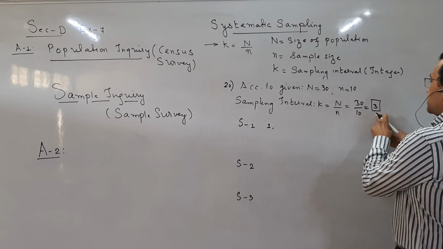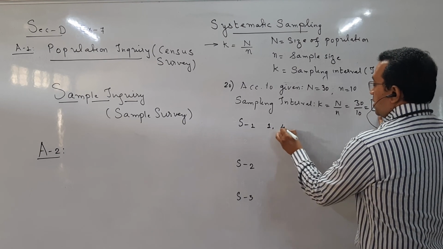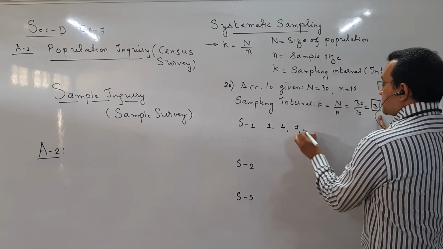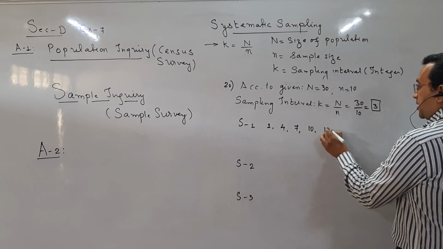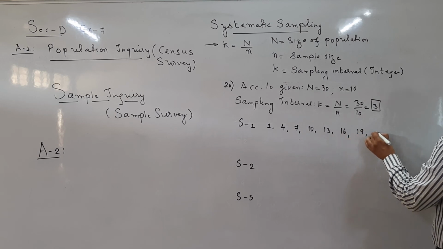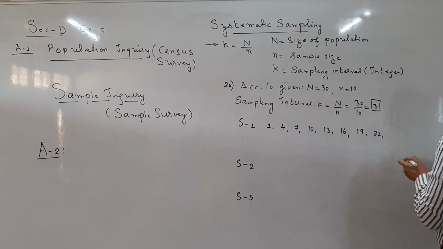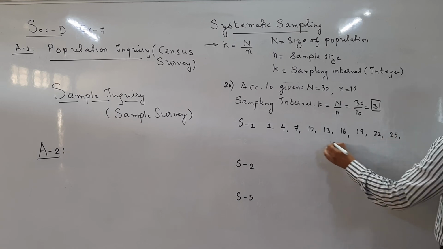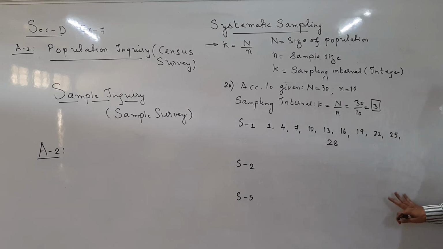Then at a gap of 3: 1 plus 3, 4, 4 plus 3, 7, 7 plus 3, 10, 10 plus 3, 13, 16, 19, 22, 25, 28.